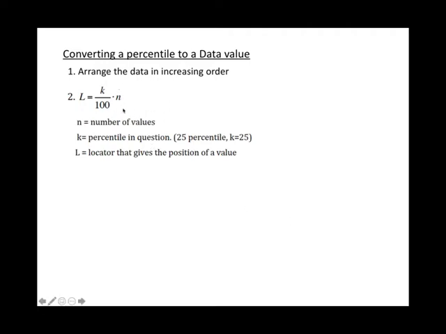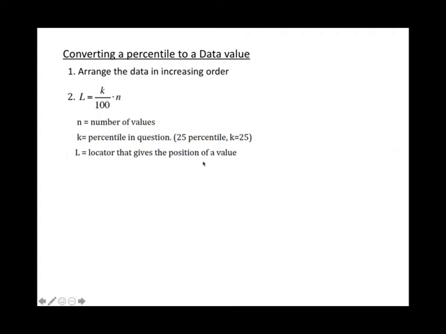So n represents the total number of values, the sample size. The K here represents the percentile. For example, if I want to find the P25, the 25th percentile, then K equals 25.